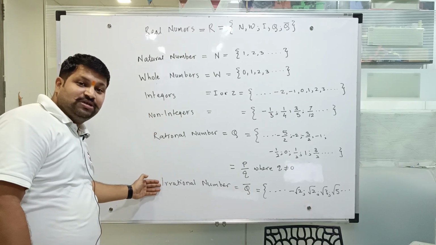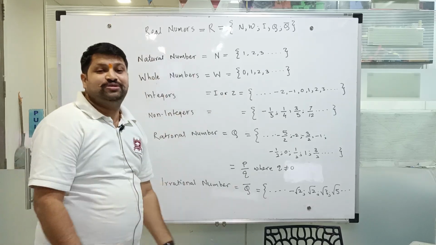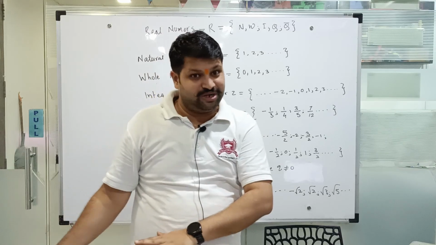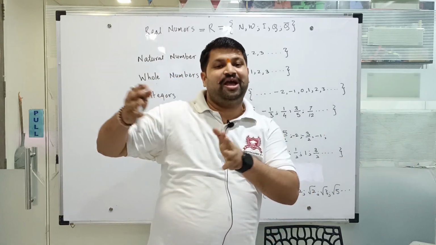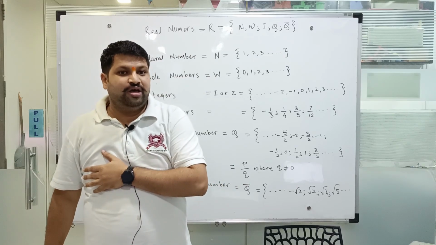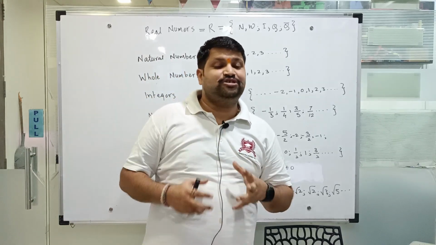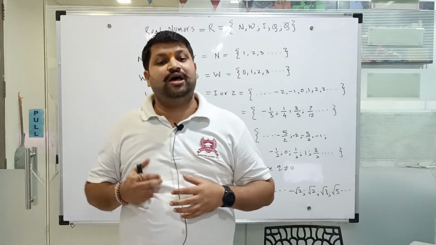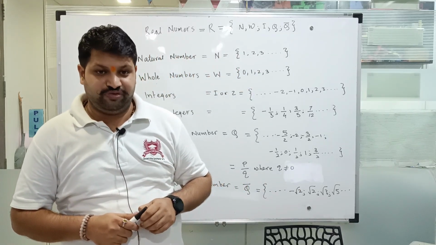Rational numbers and irrational numbers together would be taken as real numbers, and if the numbers are not real, then they are going to be called imaginary numbers. So the set of numbers can be categorized in all these groups, and each of these groups is special. We are going to deal with them in separate videos for each one of the groups.